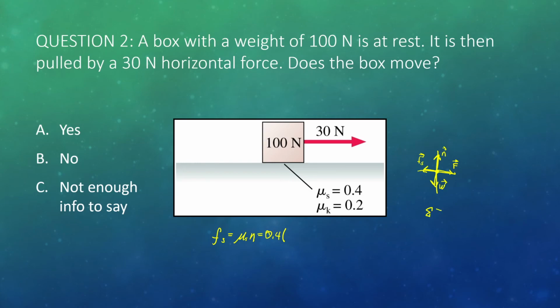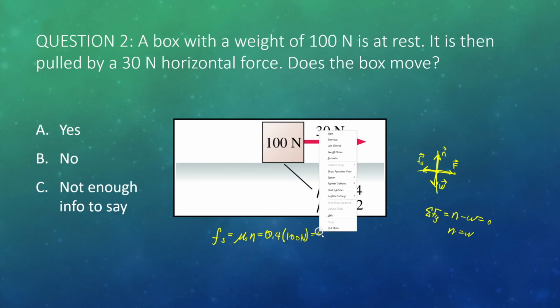The sum of forces in the y direction gives N minus W, so N is equal to the weight, and this allows us to plug in our values. So we have 0.4 times the weight, which is given to us as 100 newtons. This will give us a value of about 40 newtons for static friction. So that means it's pulling back with a force of 40 newtons.